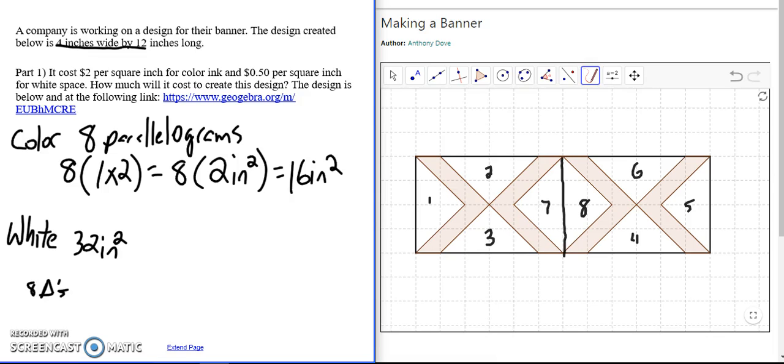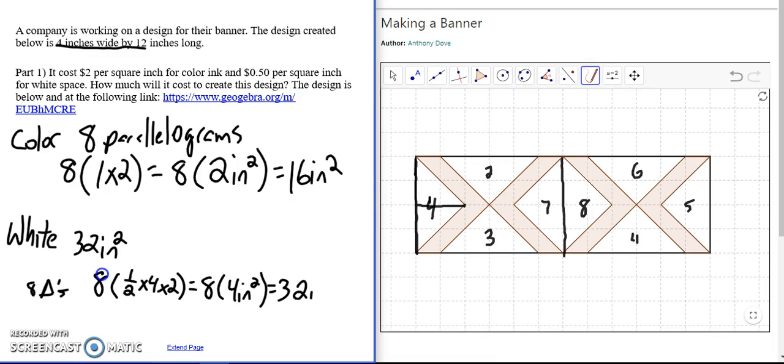And if I think about the base and the height, so here's the base, which is 4 by 2, which means 1/2 of 4 by 2 means that each of these, you can think about 8 triangles, 1/2 of a 4 by 2. This would give me 8 times 4 square inches, which is 32 square inches.